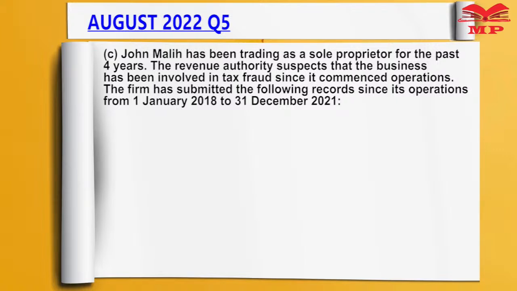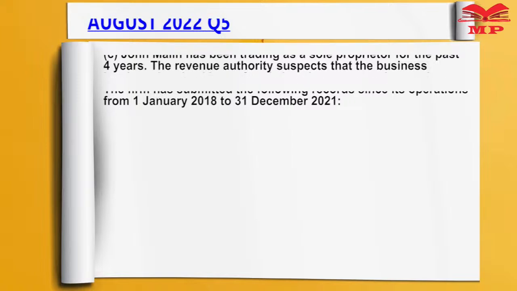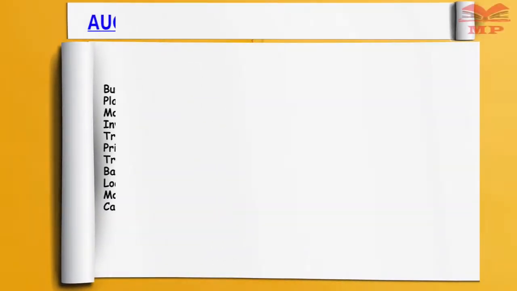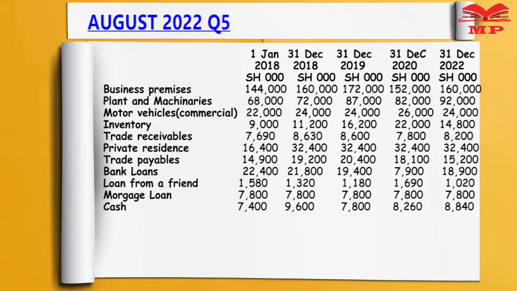The Revenue Authority suspects that the business has been involved in tax fraud since it commenced operations. The firm has submitted the following records since its operations from 1st January 2018 to 31st December 2021. So we have a list of assets, liabilities, and additional information 1 to 4.